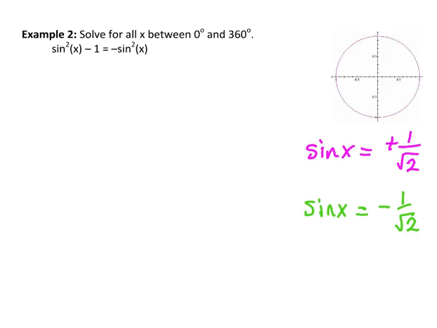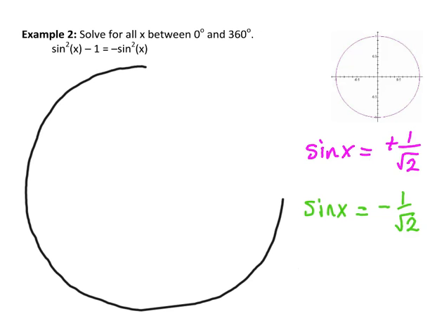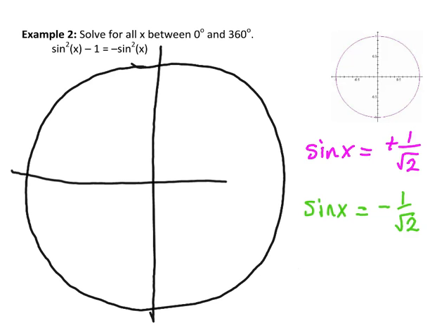And I'm going to redraw my unit circle because I think that one's just a little too small. So let's draw a really nice big one so you can see all these angles on here nicely. All right, starting with the purple ones. So when sine of x is equal to 1 over root 2, we have to remember what special angle that is. 1 over root 2 is about here, and it makes a special angle, 45 degrees.